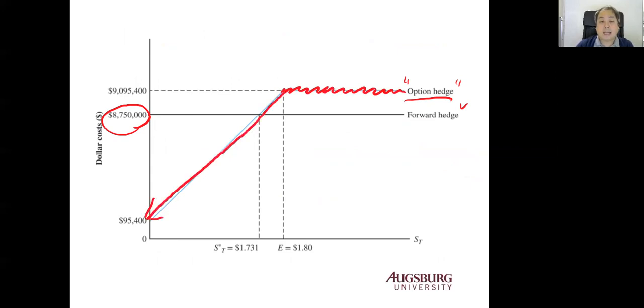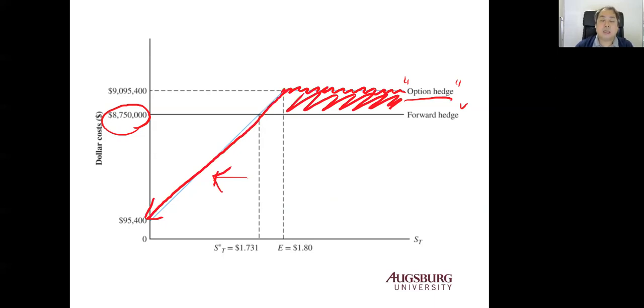You need to pay a lot less if the exchange rate moves this way. And this is the option cost. So with options, you can cap your payables and still benefit if the exchange rate changes in your favor.